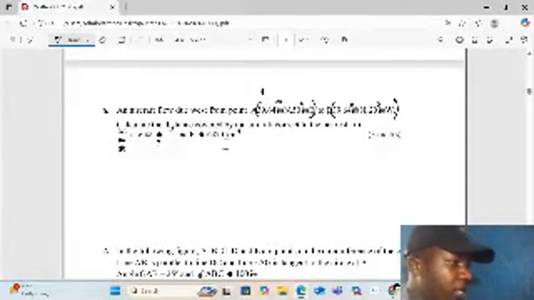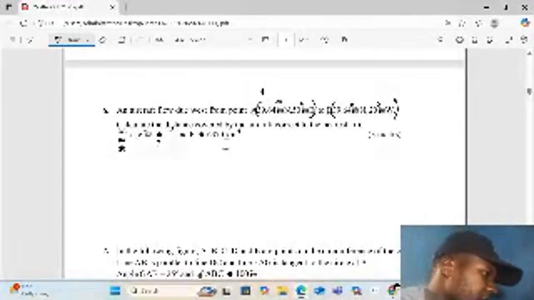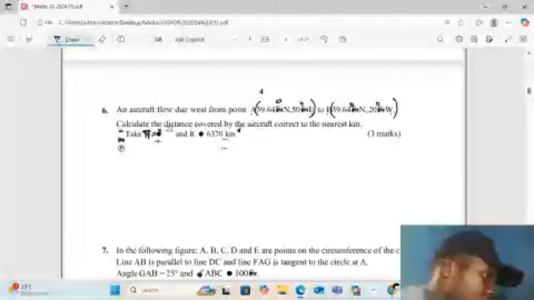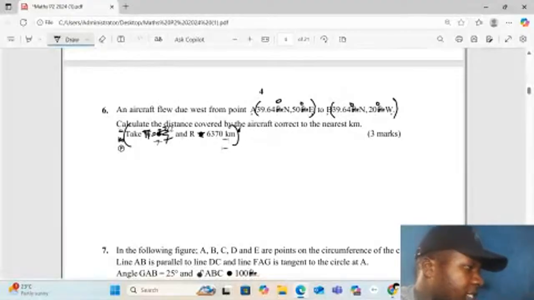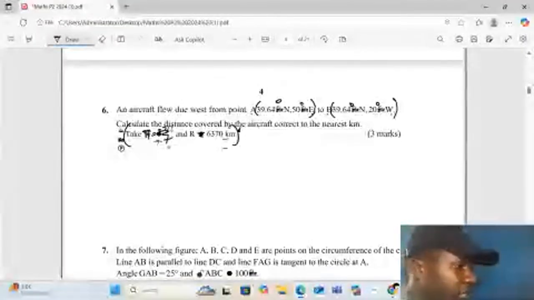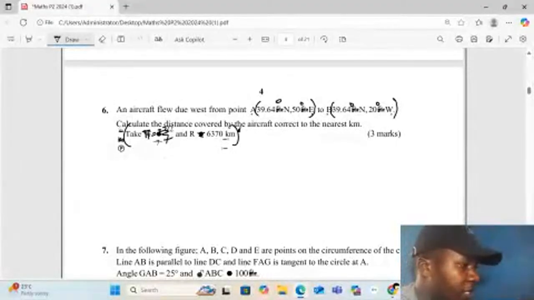Now, calculate the distance covered by the aircraft correct to the nearest kilometers. Take pi to be 22/7, and the radius of the earth to be 6370 kilometers.